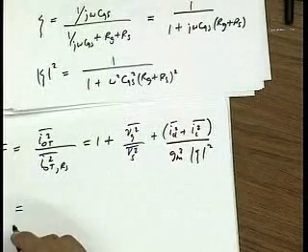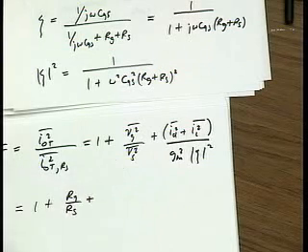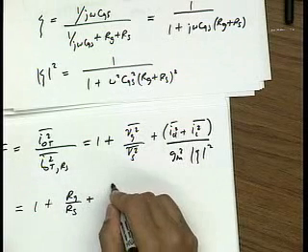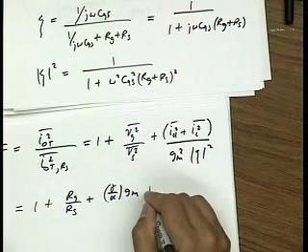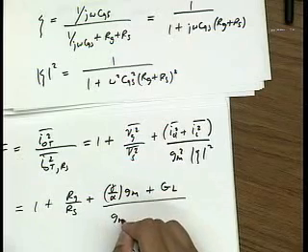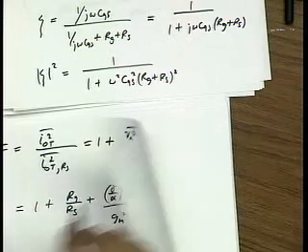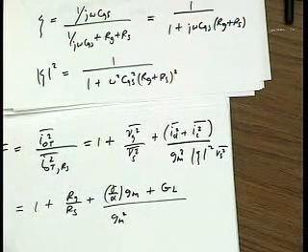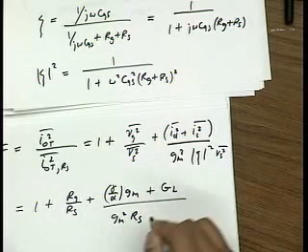And if I simplify it a bit, I get 1 plus RG over RS again. This is going to be gamma over alpha GM. This is going to be GL. This is going to be GM squared. This also should have a Vs squared here. So that's going to give me an RS.